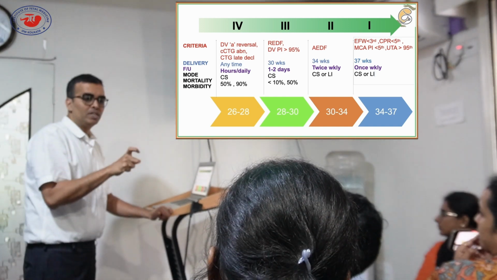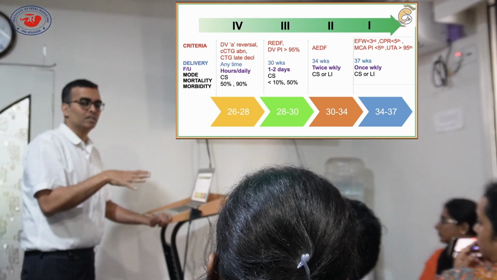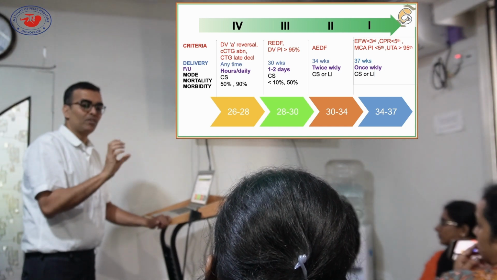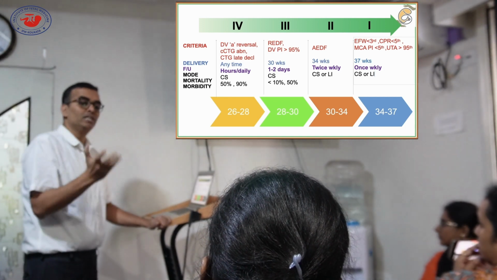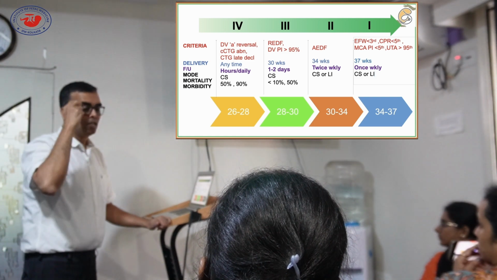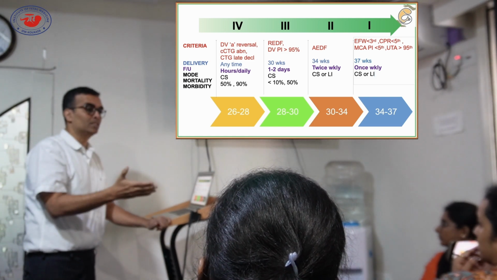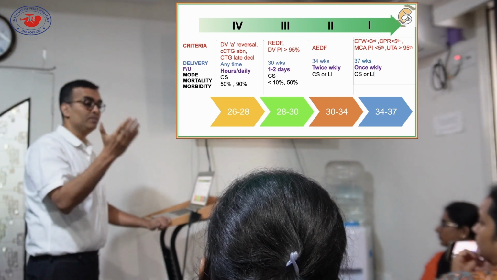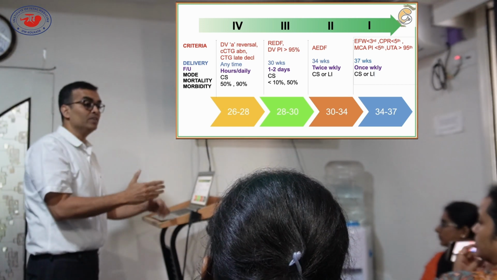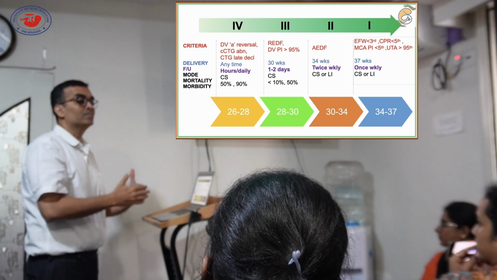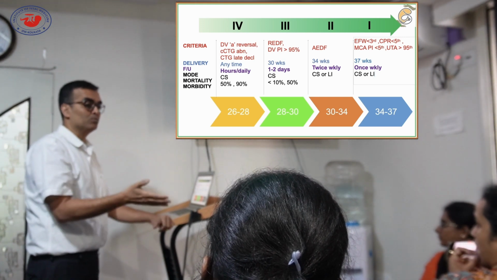But in the TRUFFLE trial, they have used a safety net. That safety net is the fine print which many people read the paper but don't understand. Whenever you are following these growth restricted babies and you are waiting for the DV changes, in between the scans, you should have a safety net in the form of CTG monitoring.